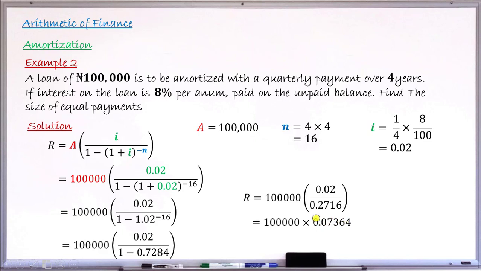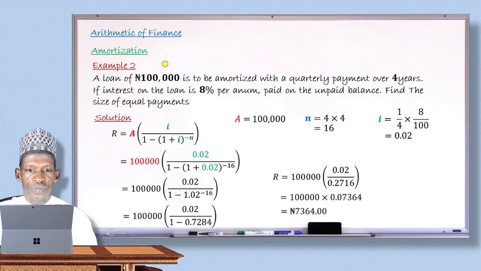What I'm going to do last is to multiply 0.07364 by this 100,000. That will give me the size of the regular payment, 7,364 naira. This would now be the size of the payment that will be made each and every 3 months for a period of 4 years to offset the loan of 100,000 naira completely.